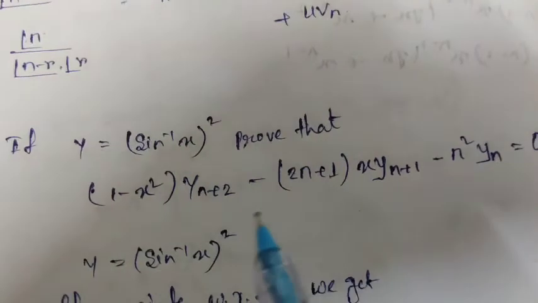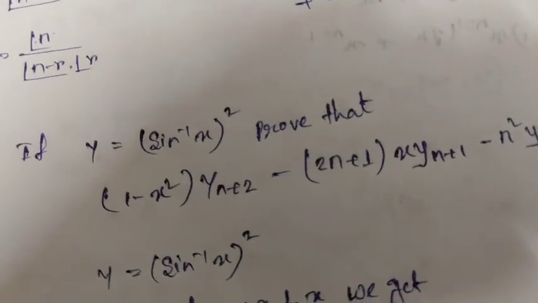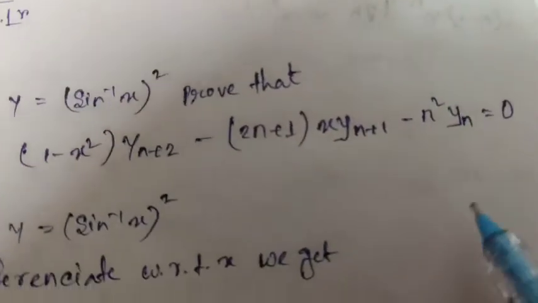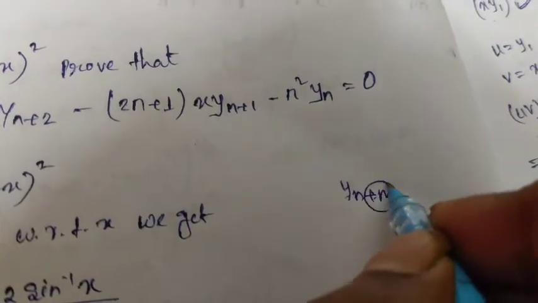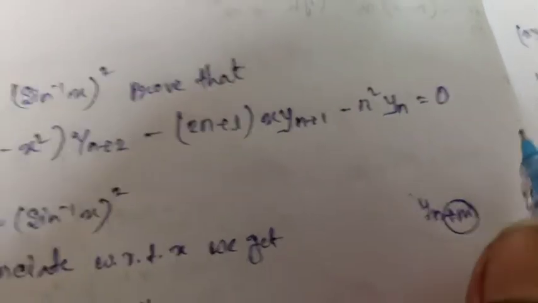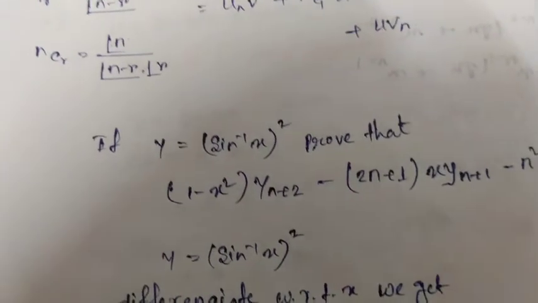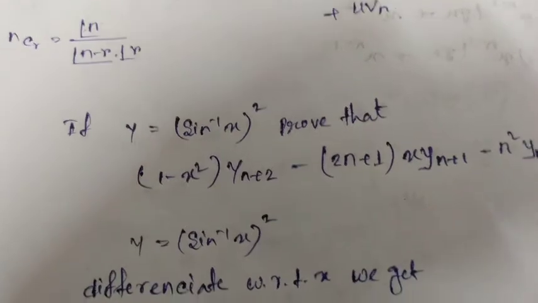Here the highest order derivative is y(n+2), so we first find the second order derivative and then use the Leibniz theorem. Suppose there is any term like y(n+m), then first we have to find the mth derivative of the function y, and then we use the Leibniz theorem.